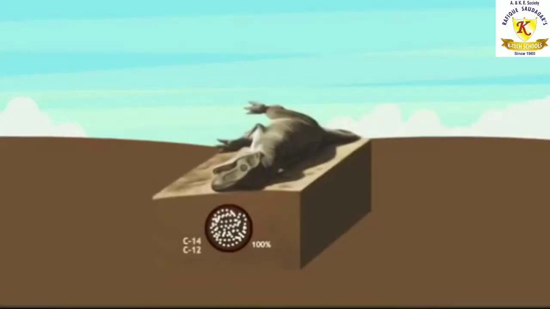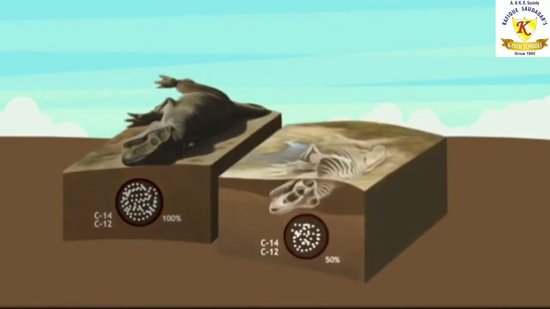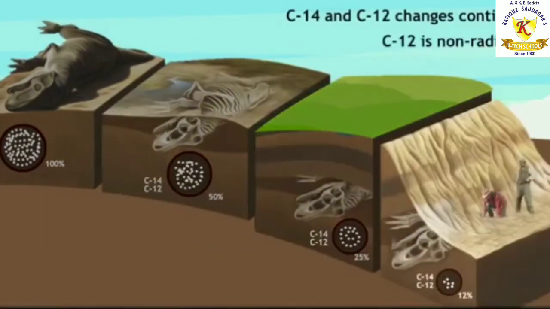Carbon consumption of animals and plants stops after death, and since then only the decaying process of carbon 14 occurs continuously. In case of dead bodies of plants and animals, instead of remaining constant, the ratio between C14 and C12 changes continuously as C12 is non-radioactive.